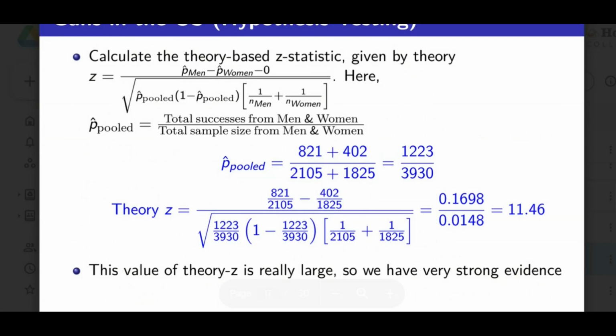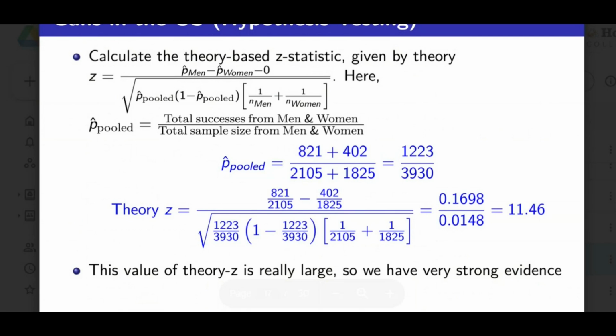Anyway, so do you see what I did for p hat pool? What am I doing? I'm adding. If you go back to your slide, it's easier for you to look at your slides than for me, because I have to go back all the way. If you add up how many gun owners there were, 821 male gun owners and 402 female gun owners, I'm just adding all gun owners and dividing by everybody.